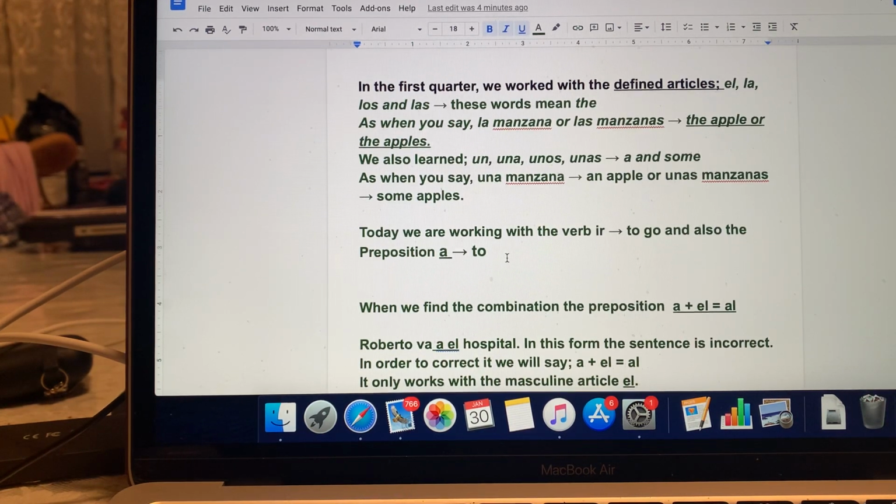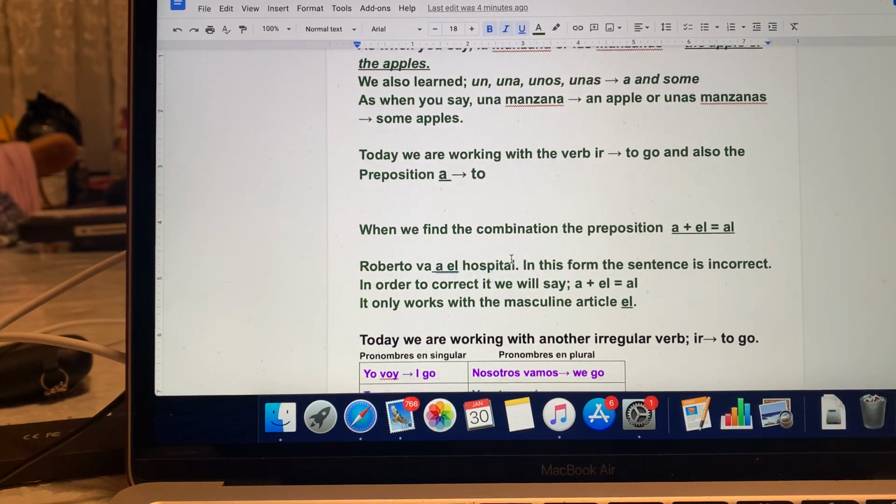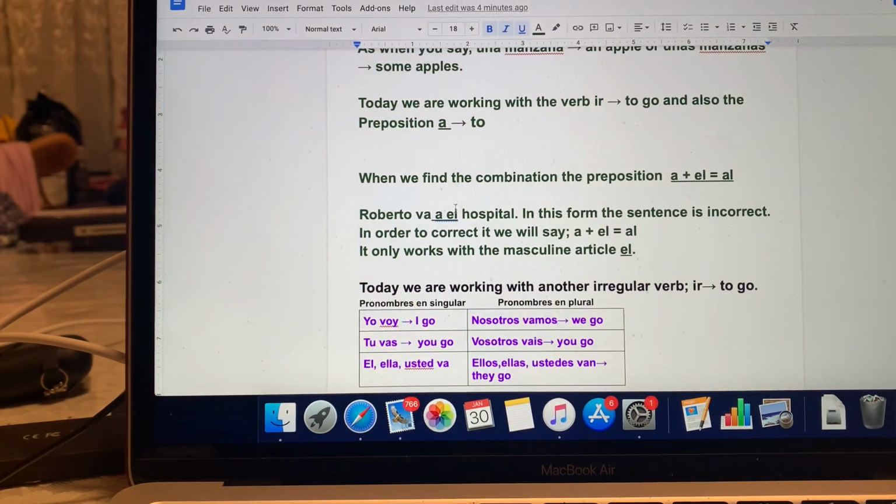Well, here's another very important thing that I hope you remember, and if not, we are reviewing it at this moment. When we find the combination, the preposition a plus the article el, it should be turned into al. Otherwise, the sentence will be incorrect.